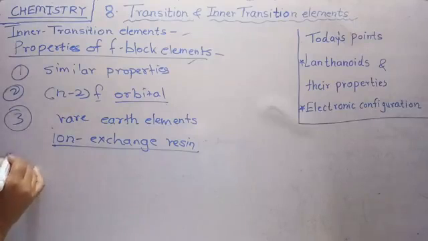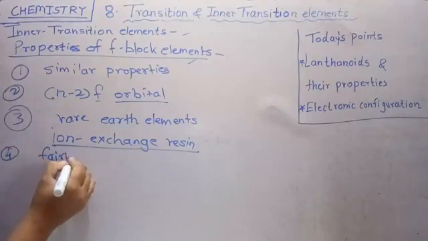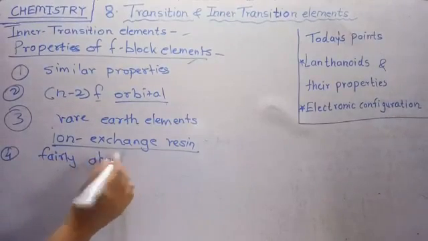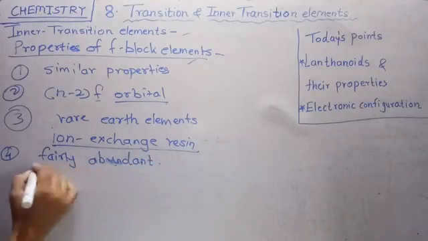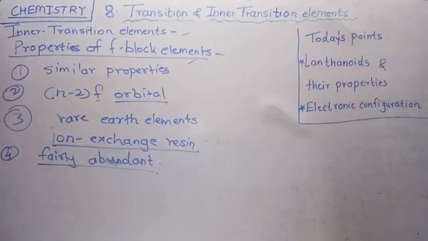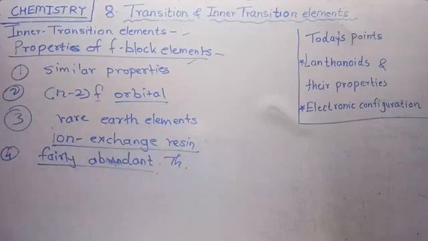The next property: they are fairly abundant. For example, thorium is more abundant than silver according to mass.